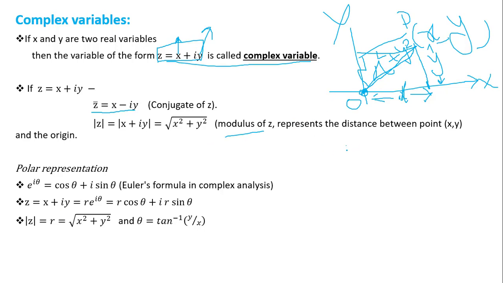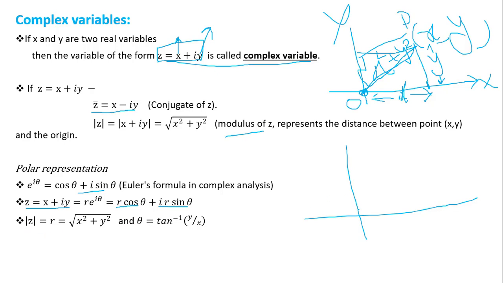One more representation is there for a complex number, that is called polar representation. In polar form, we will need Euler's formula. Euler's formula is e to the power i theta equal to cos theta plus i sin theta. So any complex number z in the Argand plane is denoted by this, and in polar form it is denoted by r cos theta plus ir sin theta.